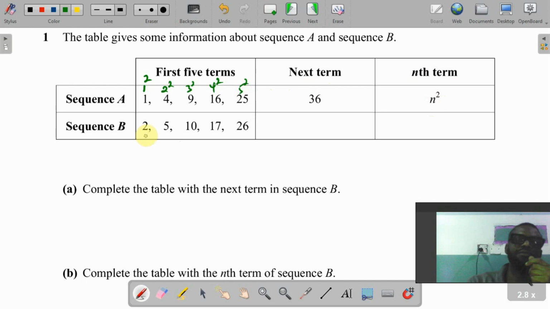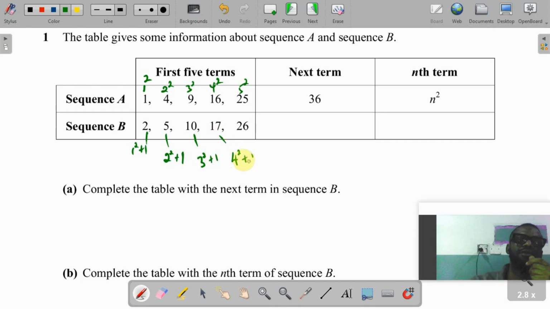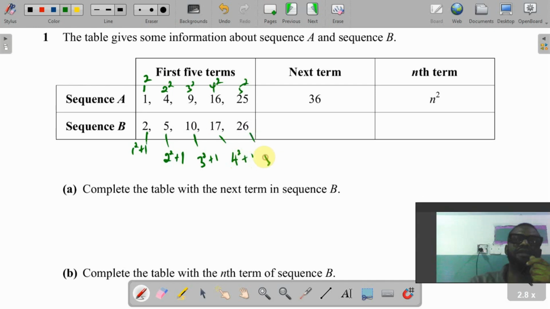But look at this now. This is 1 square plus 1, this is 2 square plus 1, this is 3 square plus 1, this is 4 square plus 1, and this is 5 square plus 1.